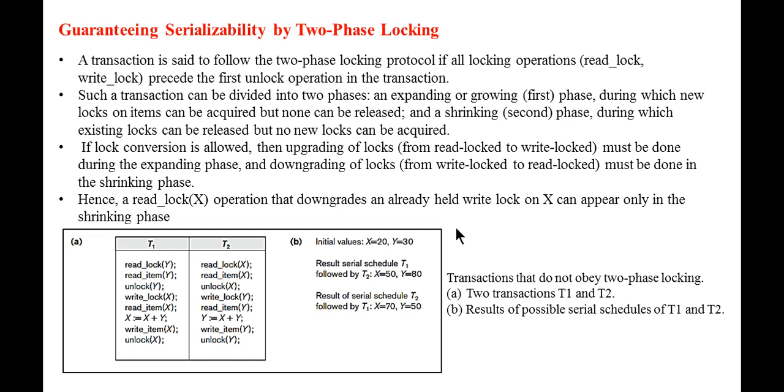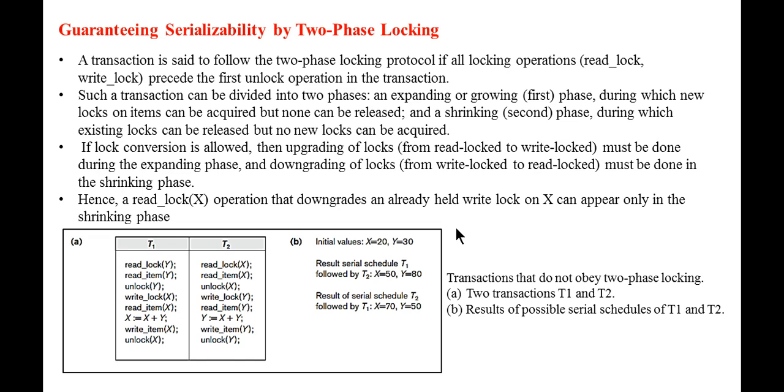In the growing phase, locks on items are acquired, but none of the locks are released. So whatever locks are required for a transaction's execution are acquired in the first phase, that is, the growing phase. And once the task is over, all the locks are released in the second phase, that is, the shrinking phase.